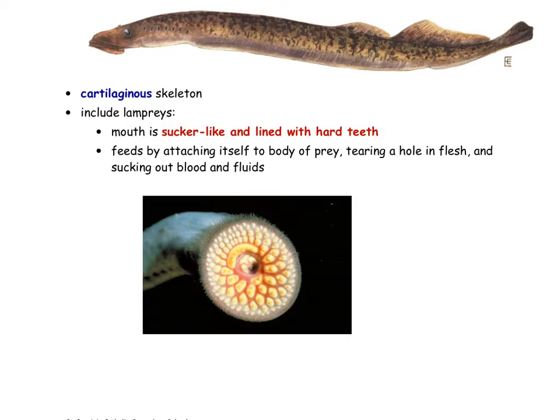So, super invasive species. Maybe one of you can find a video on YouTube and share it with us on Google Classroom about lampreys, if you find one that's appropriate. All right, moving on.